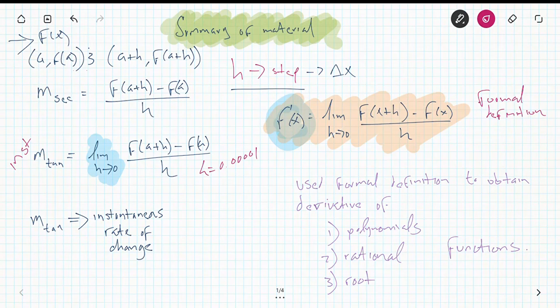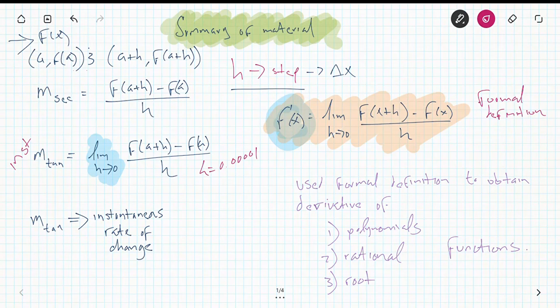And that will be the formal definition. Now, to take the derivative of any function, you can apply this formal definition. And we have done so for polynomials, rational functions, and today we're going to be using this formal definition for root functions. Okay, hopefully I didn't lose you along the way.